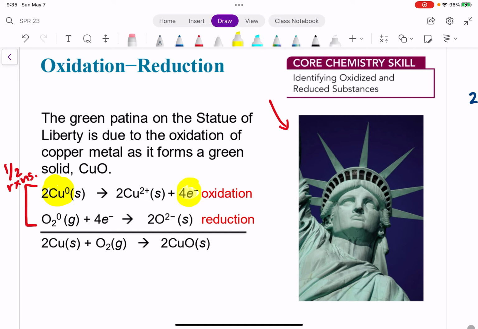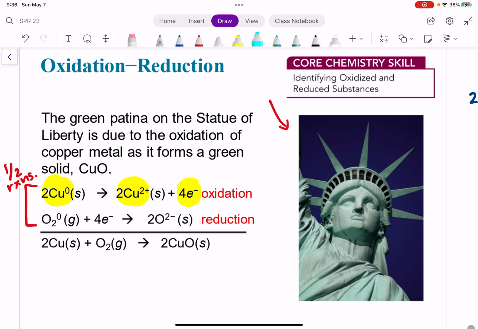It's lost 4 electrons, and it's become Cu2+. Why has it lost 4 electrons, but it's only Cu2+? Well, we have 2 of them, right? We have 2 Cu2+ ions, and each of those coppers has lost 2 electrons. So that copper has been oxidized.